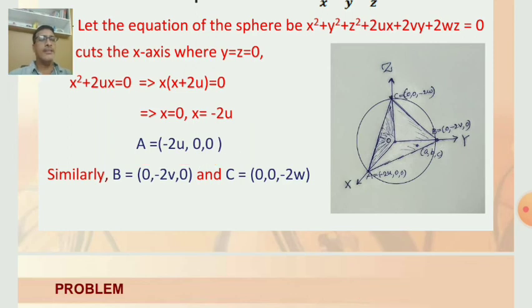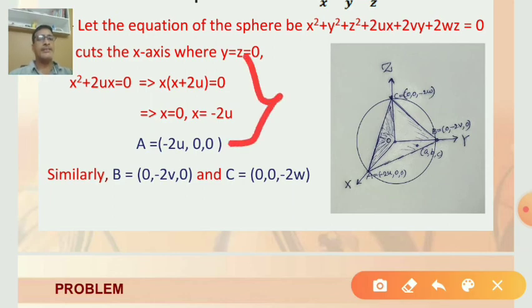In a similar way, the sphere meets the y-axis at B and the z-axis at C. Proceeding like this, you can find B is equal to (0, minus 2v, 0) and C is equal to (0, 0, minus 2w).